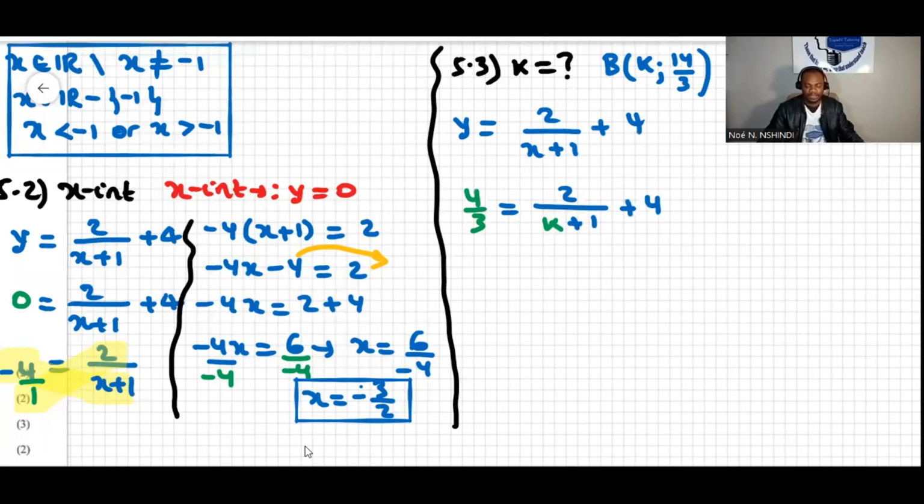Okay. If I move the 4 over, this will become 4 over 3 minus 4 equals 2 over k plus 1. Okay, and then I want to have the same denominator here. So if I divide by 3, I must times here by 3 also.